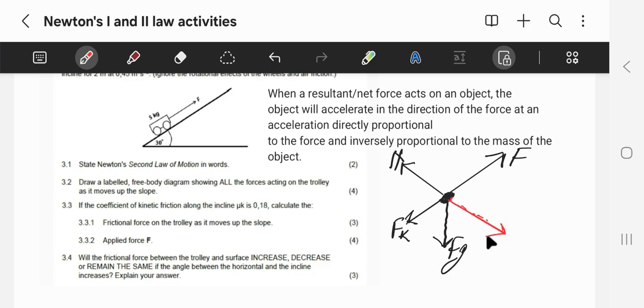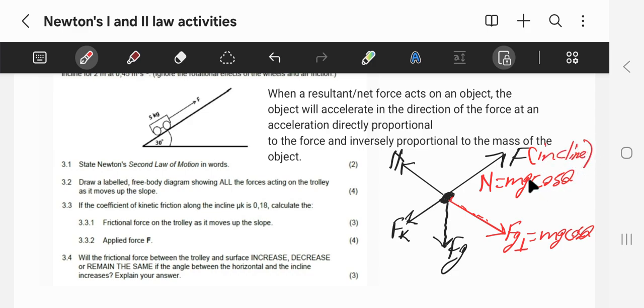This is our gravitational force, that is the perpendicular force, and it's equal to mg cos theta, where theta is this angle that we find on the incline. So normal force in this case is equal to mg cos theta. Why is this? Because we are on an incline. Every time we're on an incline, the normal force will be equal to the perpendicular gravitational force.